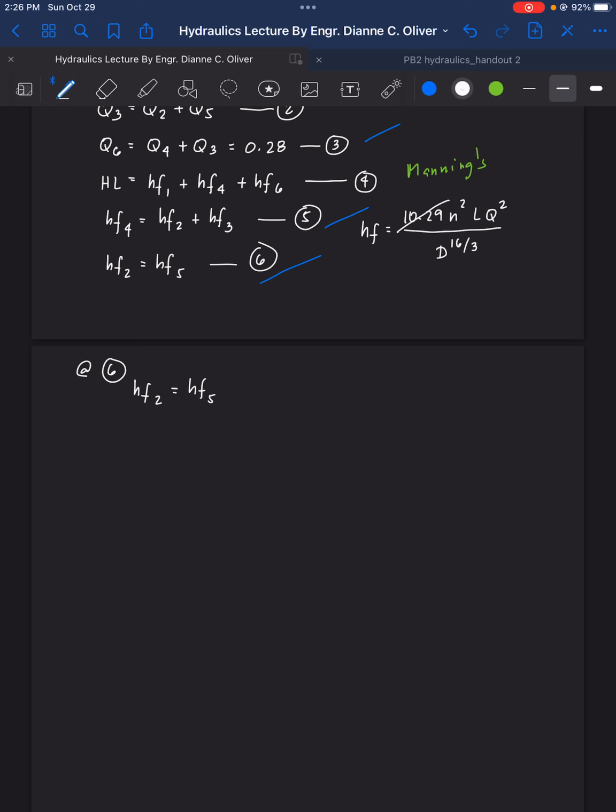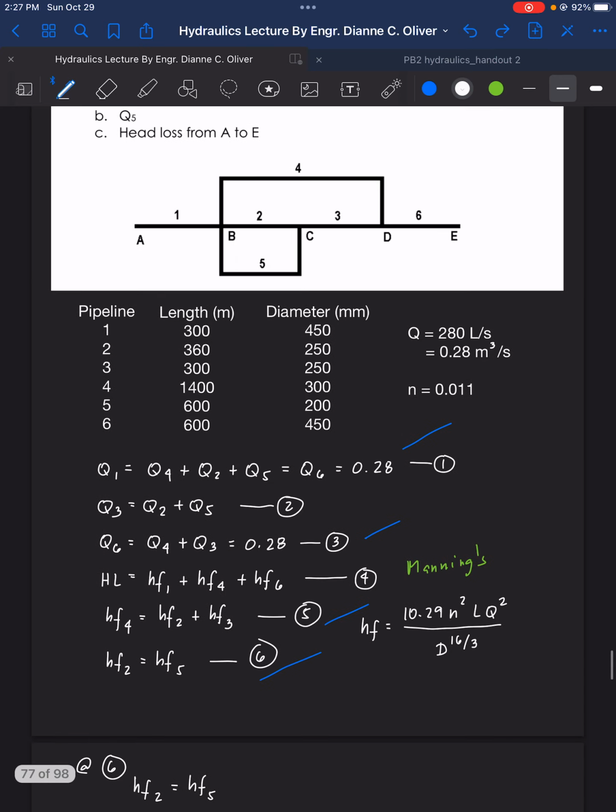And since they all have the same value for roughness coefficient, we can cancel this out too. Therefore, what remains here is L2 Q2 squared, or let's just substitute it straight. What is the value for pipe 2? 360, and 250.